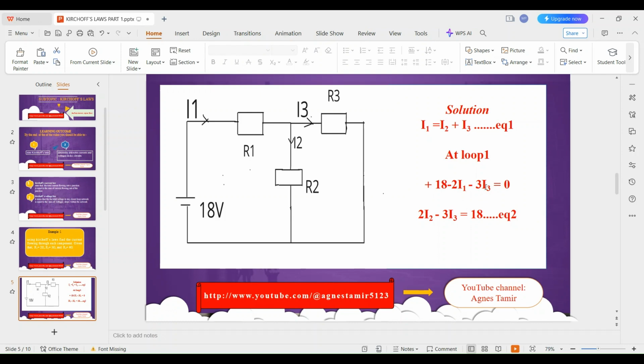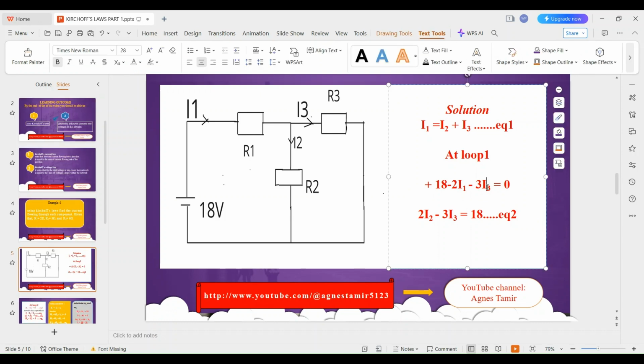Sorry, this is supposed to be 3 I2, not 3 I. Let me just rectify that. Yes, it is supposed to be positive 18 minus 2 I1 minus 3 I2 is equal to 0.